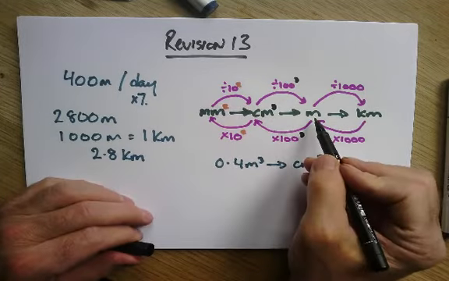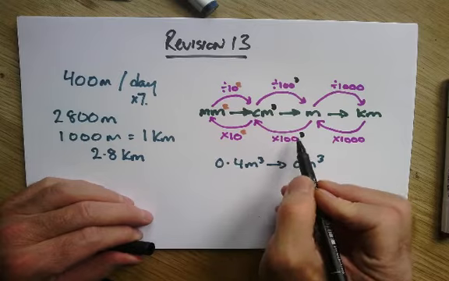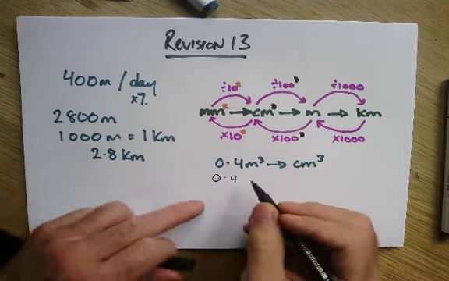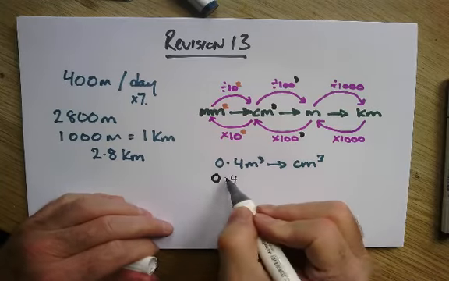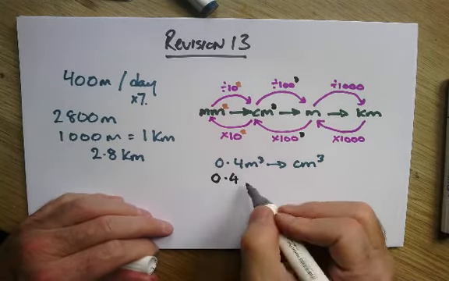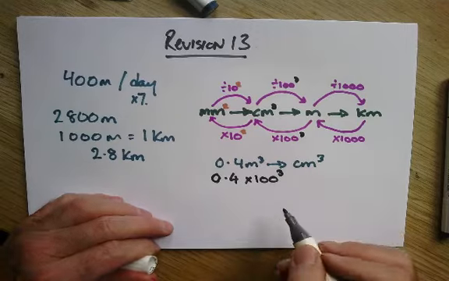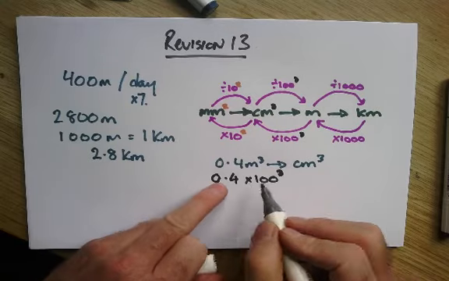So I want to go from meters cubed to centimeters cubed, and it's to the power of 3. So I've got to do what it says here. Does this work? Oh, you can't really see it. Let's put it in this colour here. So there's my question, and I am timesing it by 100 to the power of 3, which is essentially 6 zeros, 6 jumps.